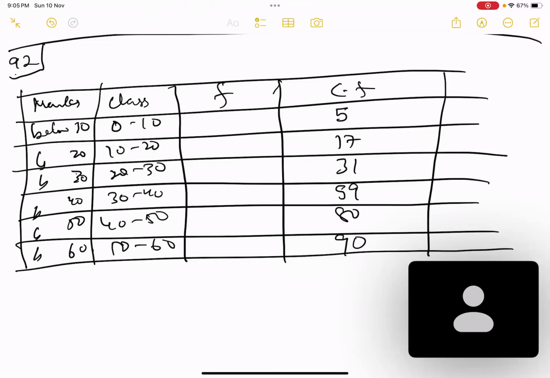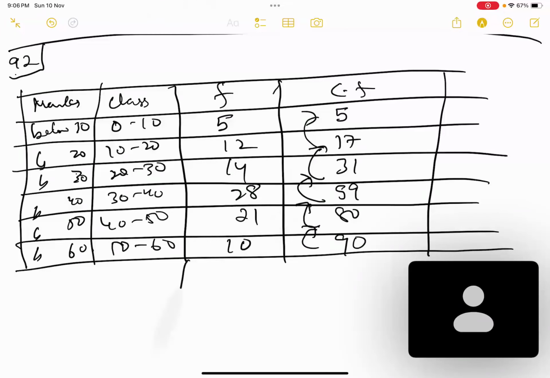From this cumulative frequency, we'll find the frequency. The first one will be 5. Second, we keep subtracting: 17 minus 5 is 12, 31 minus 17 is 14, 59 minus 31 is 28, 80 minus 59 is 21, 90 minus 80 is 10.